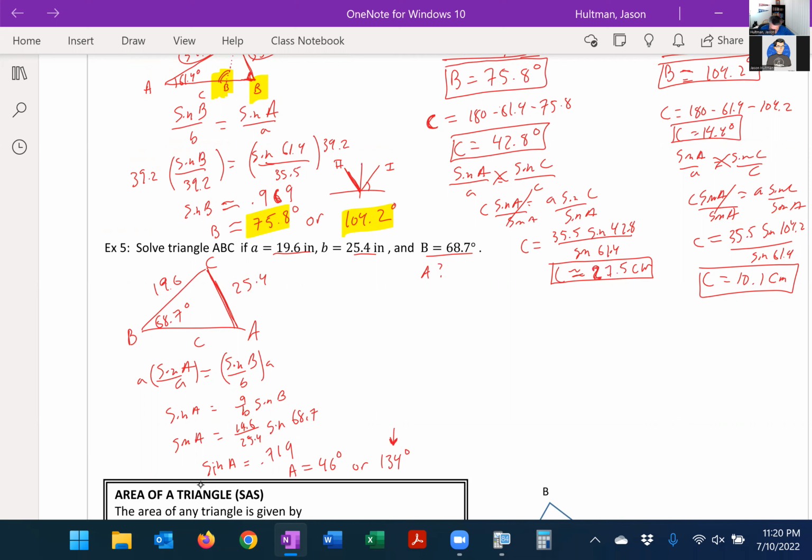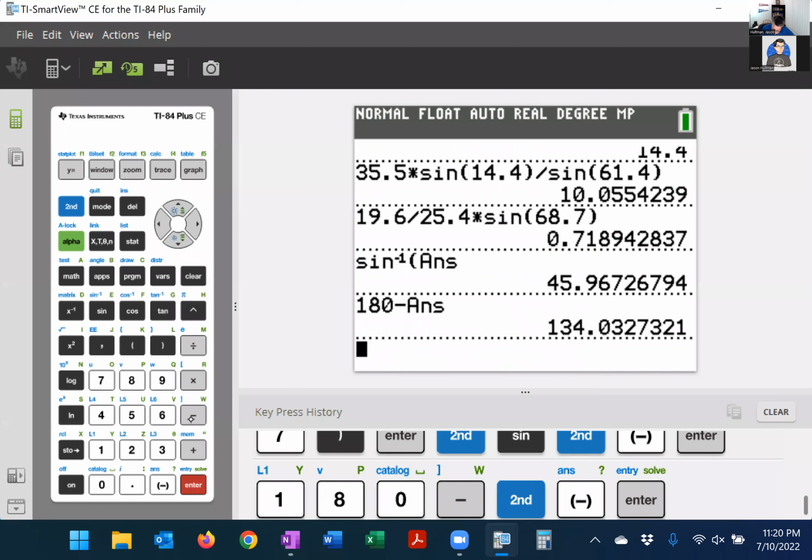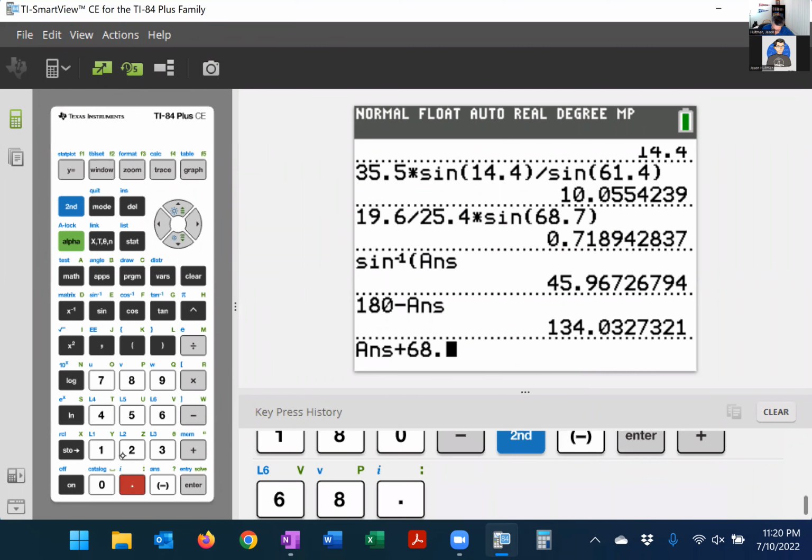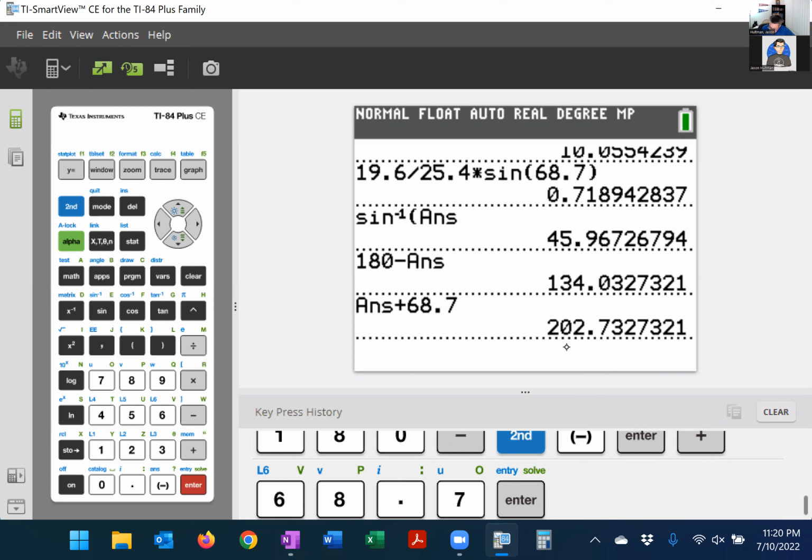Because if I let angle A be 134 degrees and angle B is 68.7, well, 134 plus 68.7, what does that equal? It's about 202. And can you have 202 degrees in a triangle? No.